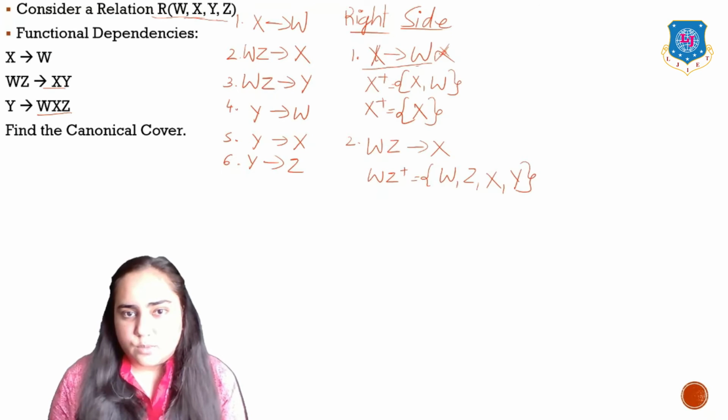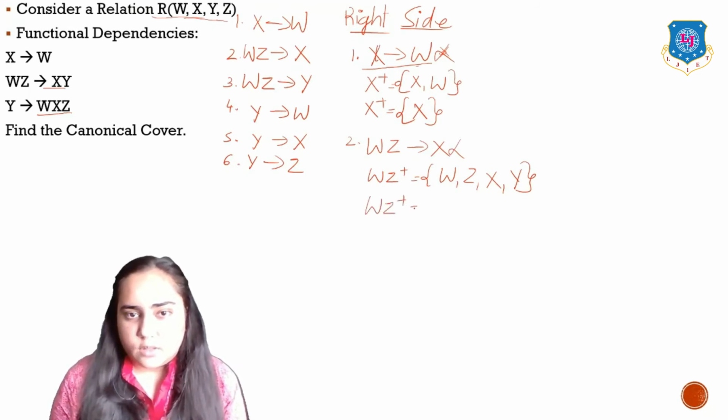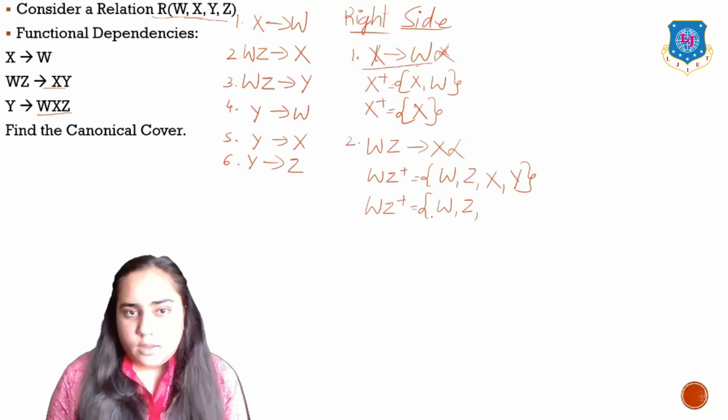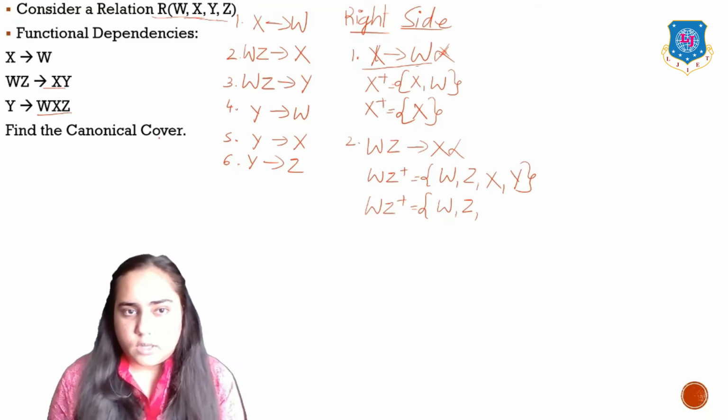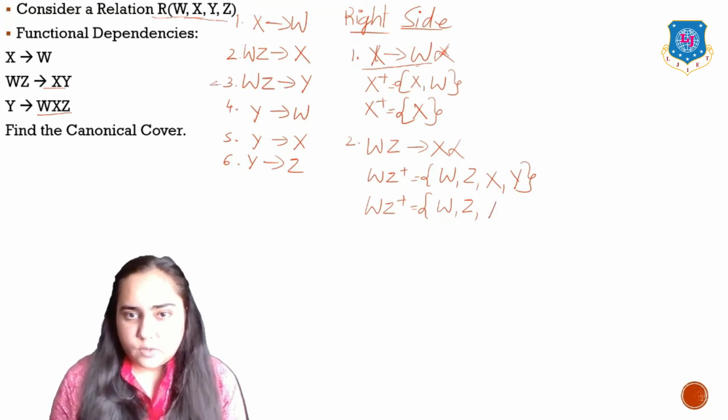Now consider removing WZ determines X. So this dependency we are completely removing, and then trying to find out the closure of WZ, which would once again contain W and Z. And then using W and Z, now using the third dependency right here, once again, I can add Y to the list. And because of Y here, I can add X also to the list.